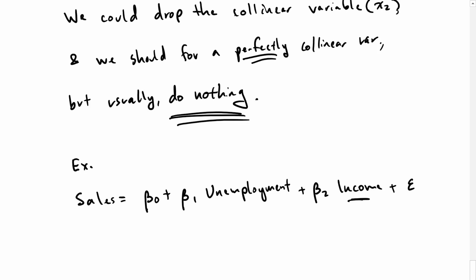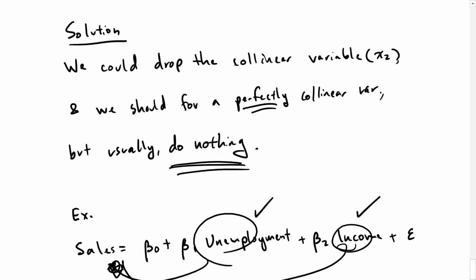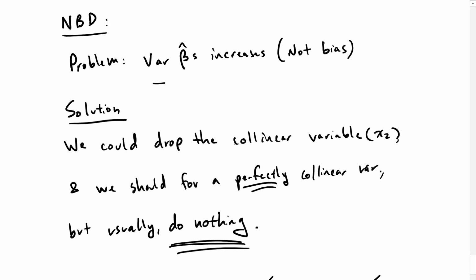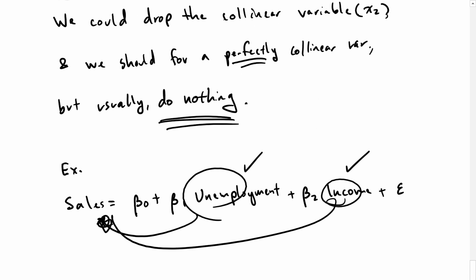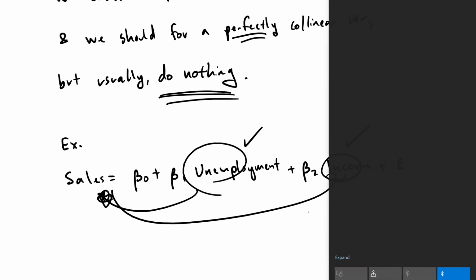But if there's reason to believe that unemployment contributes to sales and income contributes to sales, you should definitely leave those in the model. Because yes, you might have some problems with the variance of your betas increasing, but that's not as big a deal as having a biased estimator.